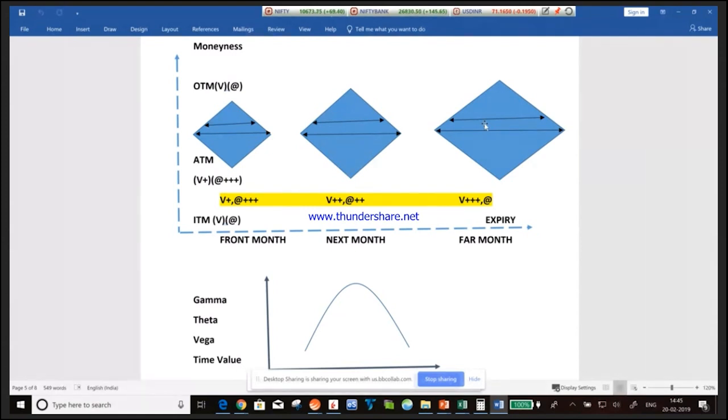Do you understand the impact of Vega with respect to expiry? Plus is just a symbol denoting strength. One plus is normal power, two plus is greater power, three plus is higher power.